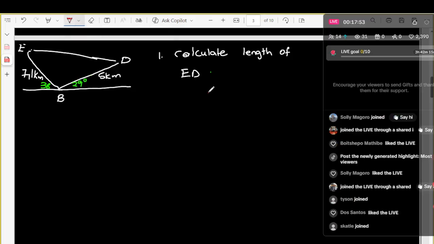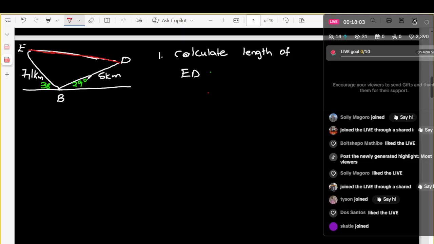This is the line that I need to calculate, which is my ED. I have two sides, EB and BD. I think it's best if we use the cosine rule. Why can we use the cosine rule?